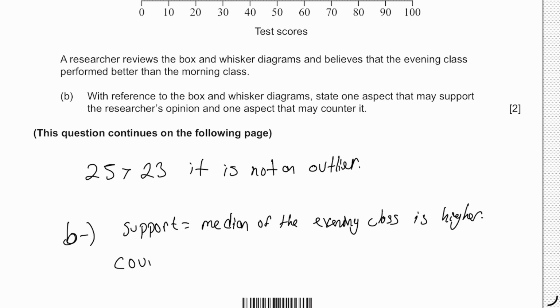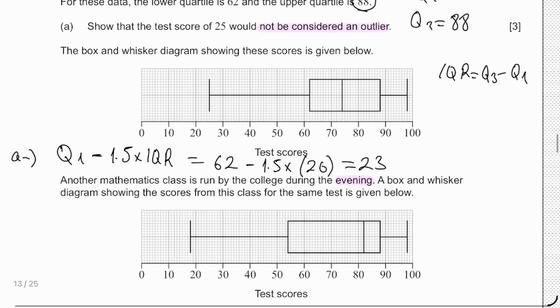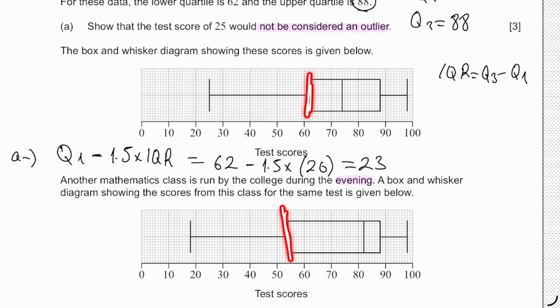Counter. Just try to find something small. For example, you see guys, Q1 is smaller than this one, right? Or the minimum value is smaller than this one. So you can use either Q1 or the smaller value.